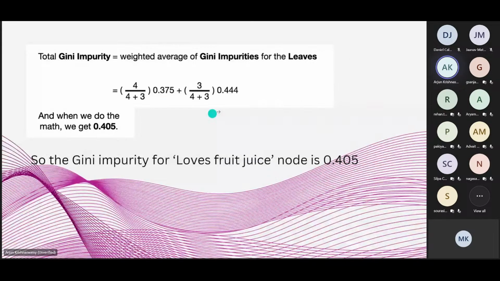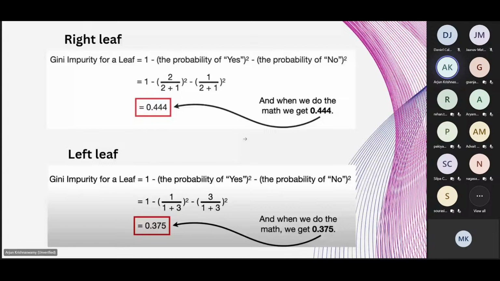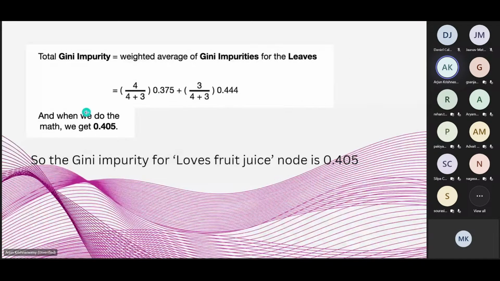These are the weights of these particular leaf nodes. Again, we get the weights through 1 plus 3 by the total number of data points, which is 7, and 2 plus 1 by the total number of data points, which is 7. Those are the two weights that will give the weighted average. So finally, when we perform the calculation, we get 0.405, which is the Gini impurity of this split.